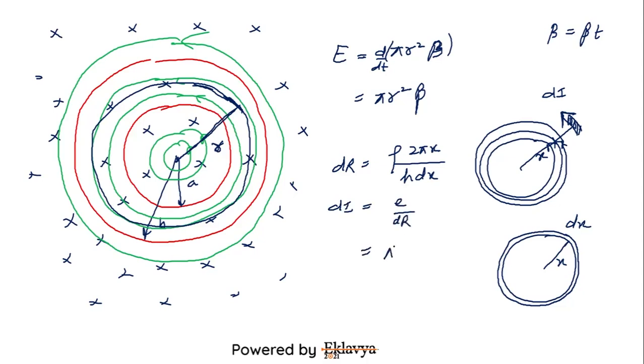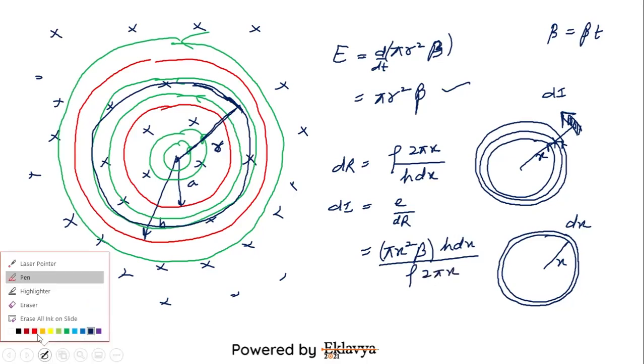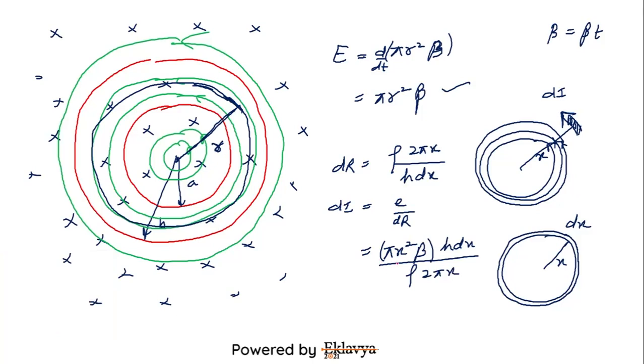So it will become pi x square beta. I'm using this relationship from here: at a distance x, the EMF will be this much. So pi x square beta, EMF divided by dR, will become h dx upon rho 2 pi x. Now we have to integrate this current to get the result. Let's first cancel out the common quantities. One x will be gone, pi will be gone.